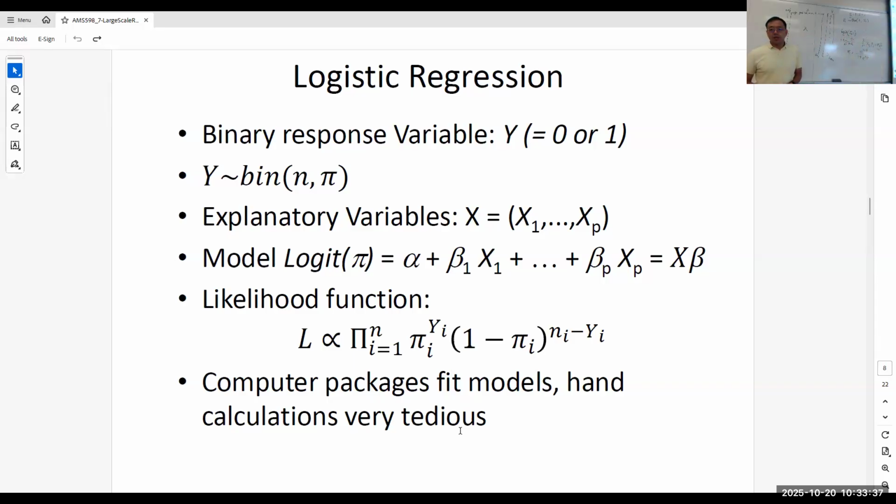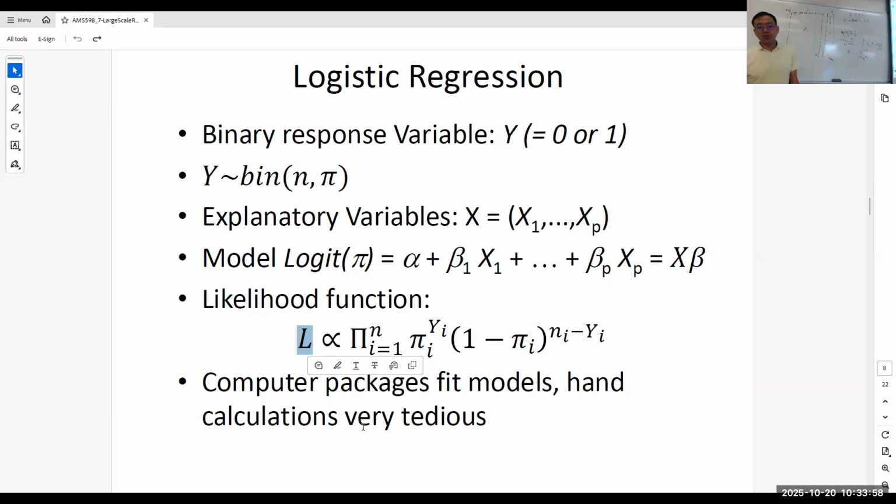So the pi_i is a function of beta, right? You can see pi_i is a function of beta. So if you plug this into this function, the likelihood function is a function of beta.